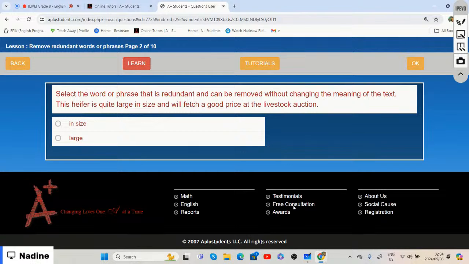And will fetch a good price at livestock auction. Is it in size or large?